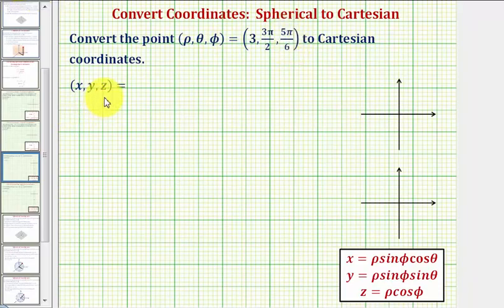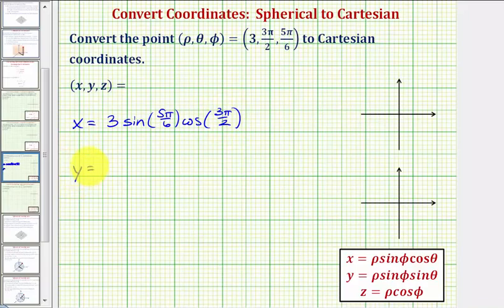So to find the Cartesian coordinates, we'll be using the formulas provided here. We know x is going to be equal to ρ times sine φ times cosine θ, which would be 3 times sine 5π/6 times cosine 3π/2.